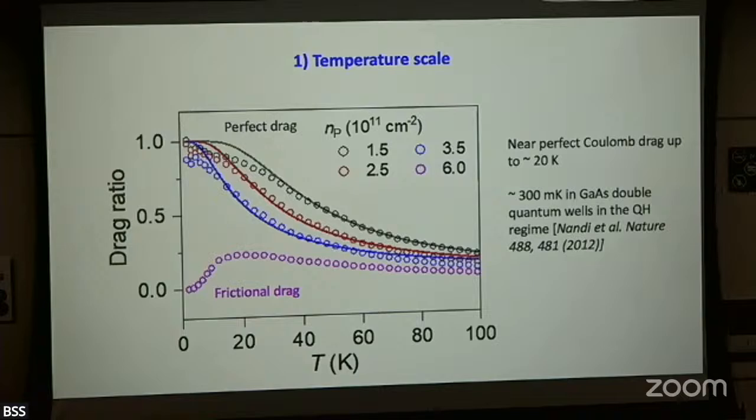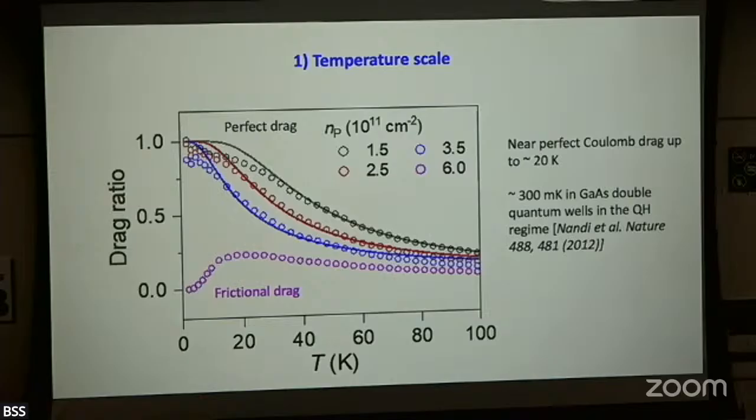And for the quantum Hall system that's a lot smaller. Oh, you mean this scale is still smaller than the 25 meV? In the quantum Hall electron-electron system, you have to go down to 300 millikelvin. So that implies the binding energy is a lot smaller, because thermal fluctuations break the pair.